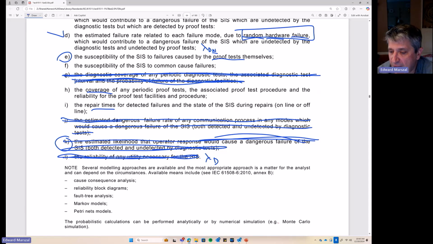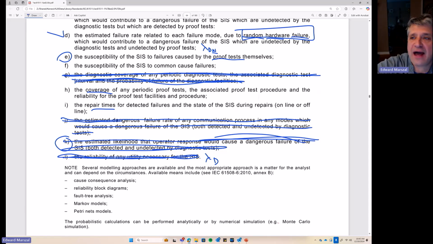And I'm going to now go into the explanation of why including human failure in your calculation not only is not going to be helpful, it's going to be counterproductive. It's going to tell you to do things that are actually going to increase the PFD, even though it looks like you're decreasing the PFD.